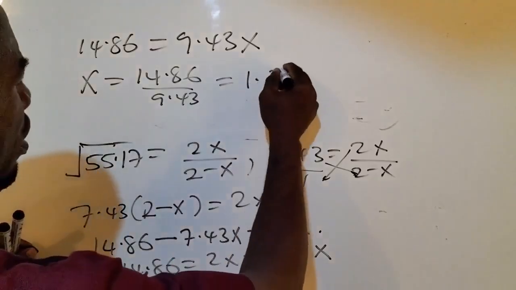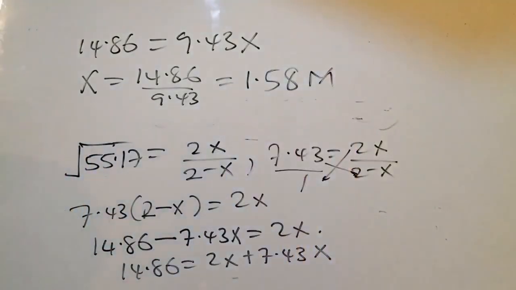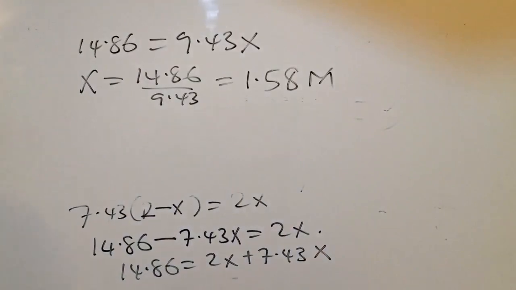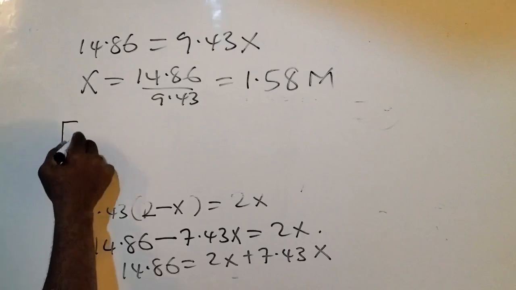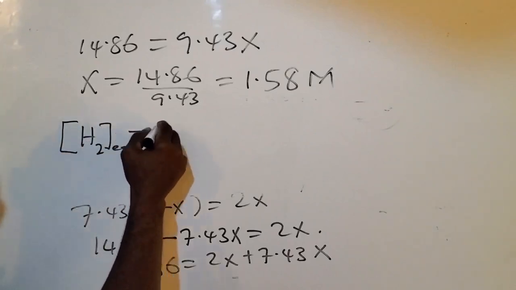1.58 is the value of S, in mole per dm³. So we're asked to find the concentration of each substance at equilibrium. From our ICE table, the concentration of hydrogen at equilibrium is equal to that of iodine.